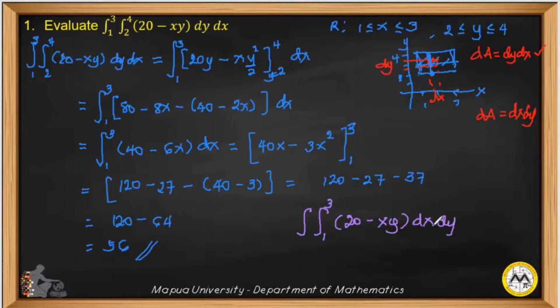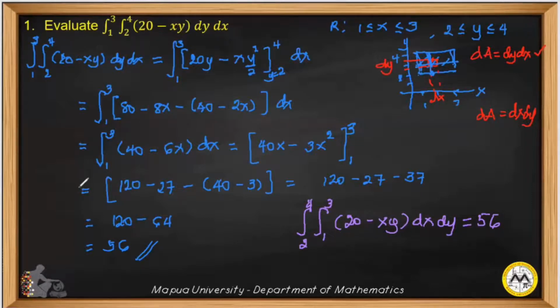This time, the inner limits of integration go from 1 to 3, okay, and the outer limits of integration go from 2 to 4. And please take note that this will also give us the integral equal to 56. And when evaluating this integral, we perform the inner integration first in x, thus y is temporarily held as constant.